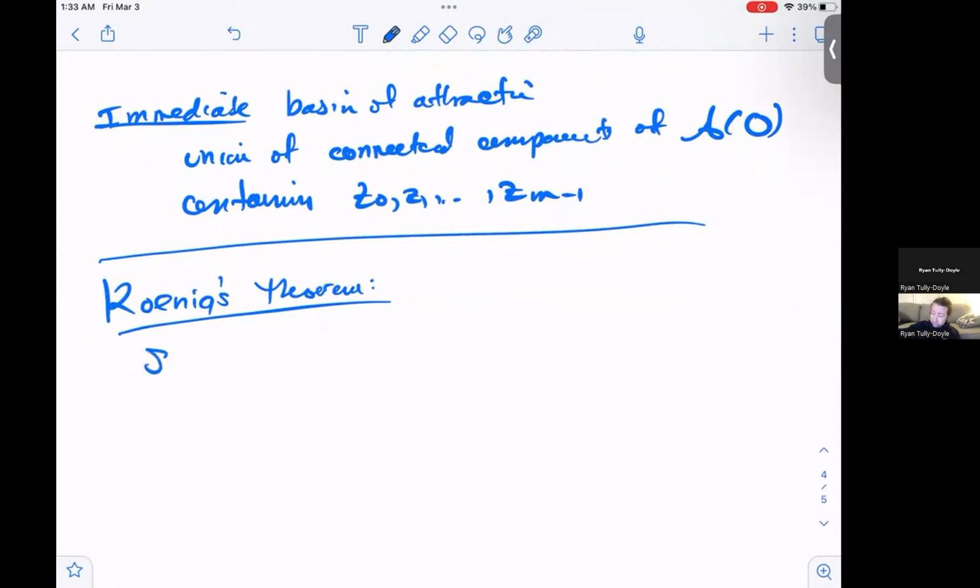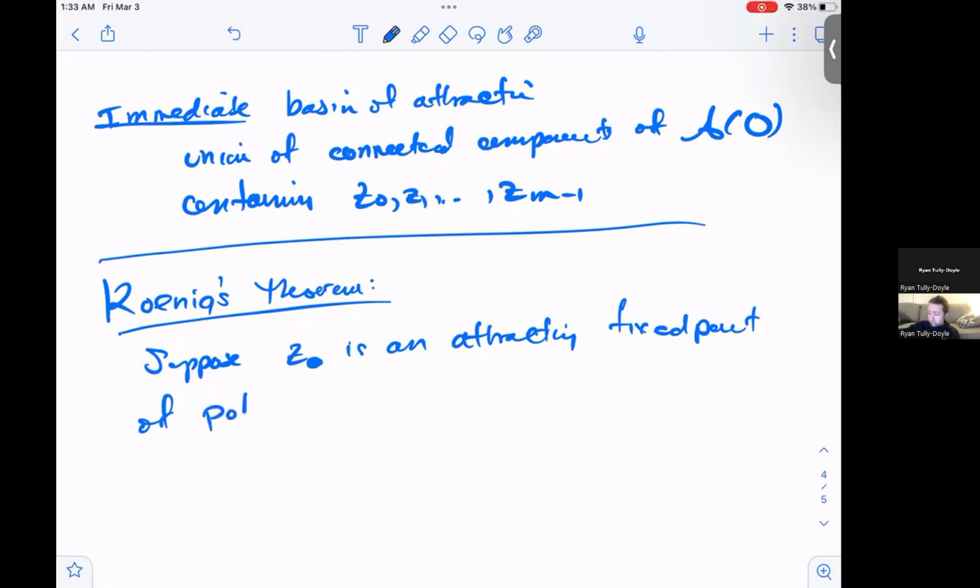The idea is, suppose you have some fixed point, an attracting fixed point of a polynomial f with multiplier lambda not equal to 0.